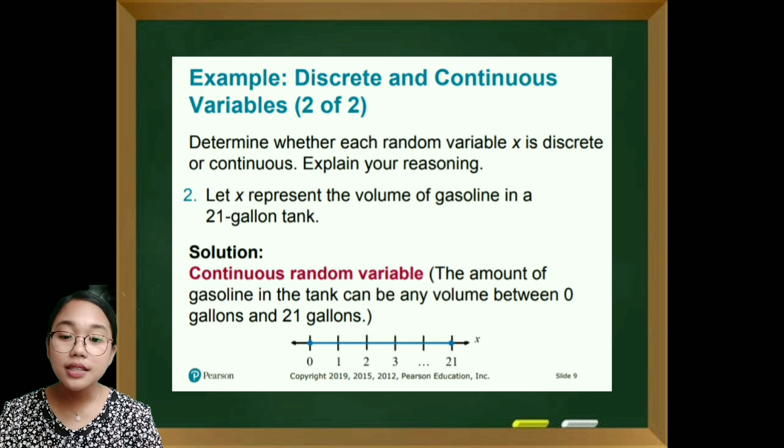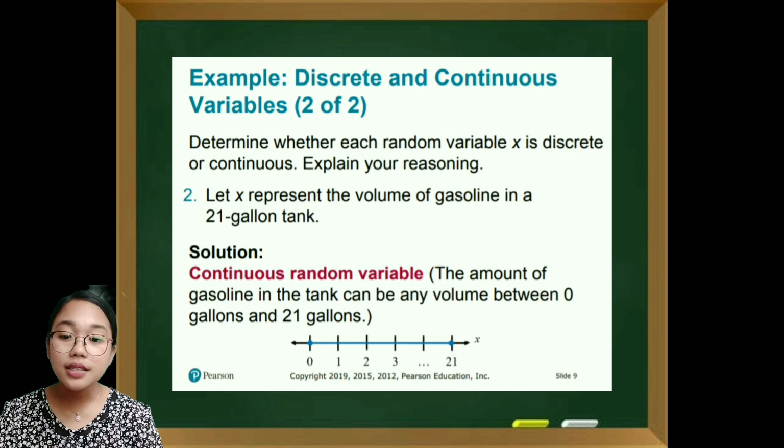Determine whether each random variable x is discrete or continuous. Explain your reasoning. Number 1. Let x represent the number of Fortune 500 companies that lost money in the previous year. Solution: discrete random variable. Why? Because the number of companies that lost money in the previous year can be counted. So, it is a discrete random variable.